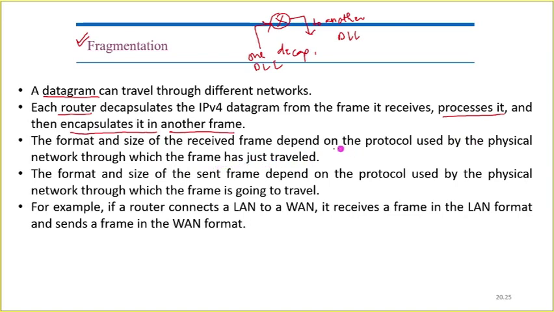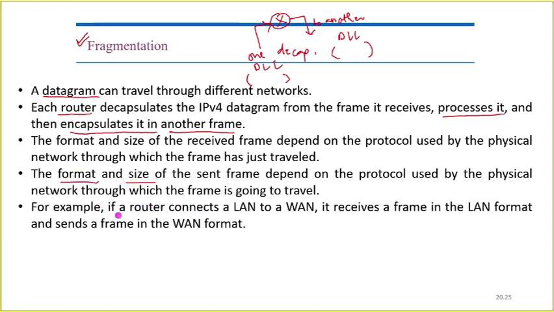So whatever the frame format and size, that depends on which network it is coming from. It can come from one network and go to a different network, so these can have different formats and sizes.